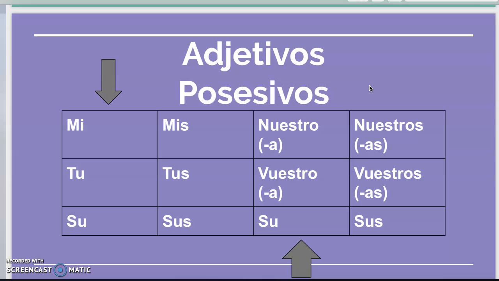My, his, her, your, our, their. But let's put a noun with it so it makes more sense. So let's use the noun house. My house, his house, her house, your house, our house, their house, T-H-E-I-R. Okay, let's take a different noun. Car: my car, your car, his car, her car, their car, our car.